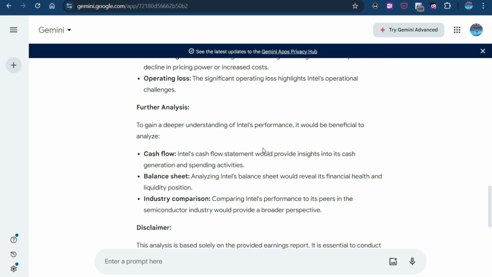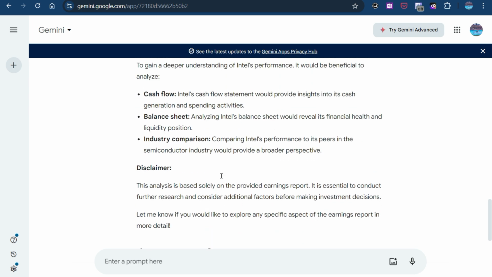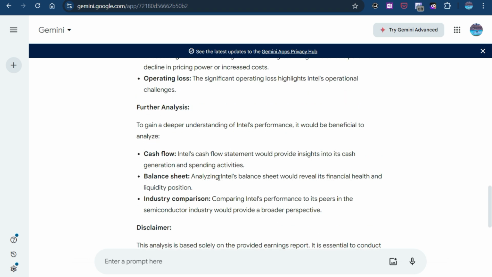It says it would be beneficial to analyze the cash flow, balance sheet, and industry comparison. So overall, not a whole lot more. I'd say so far Claude has done a better job at analyzing and providing more useful insights. Gemini is pretty similar to Microsoft's Copilot, obviously, but the main difference is Gemini at least got the periods right to analyze.